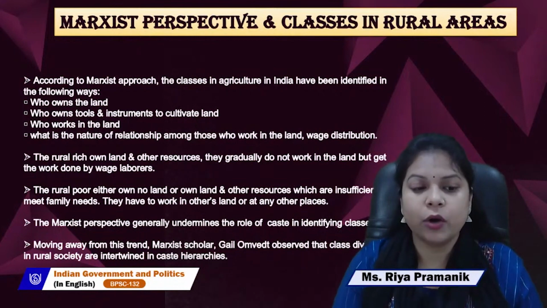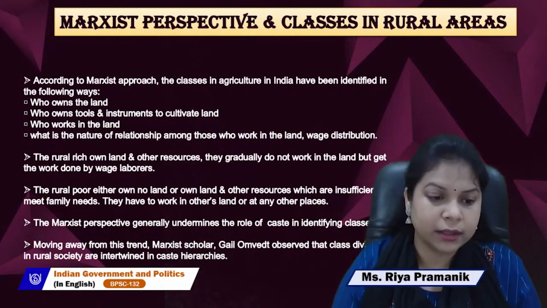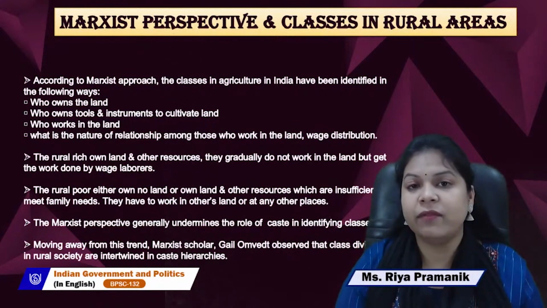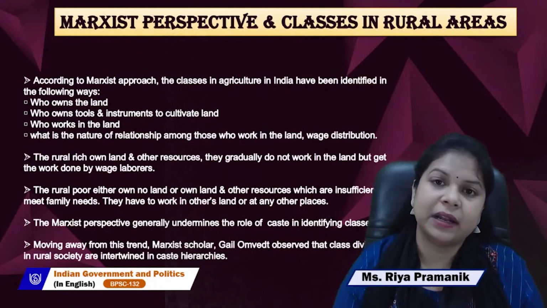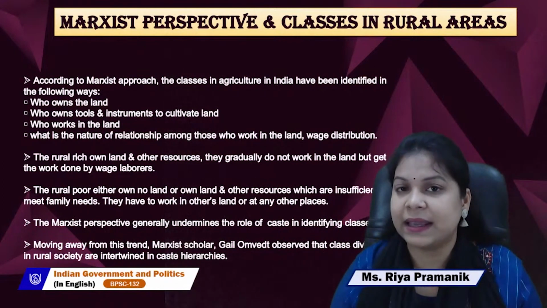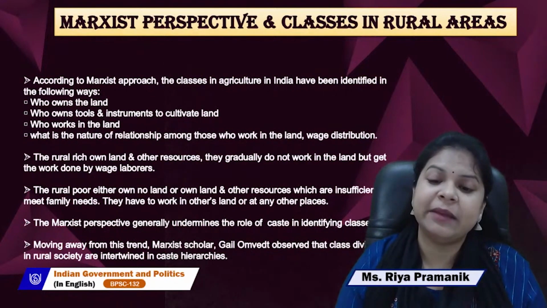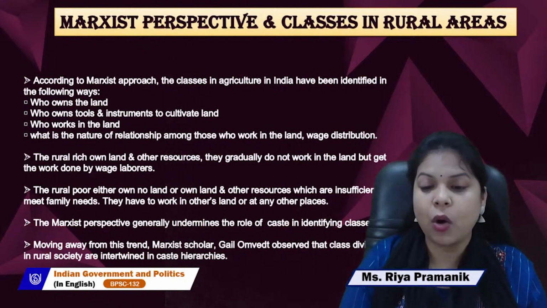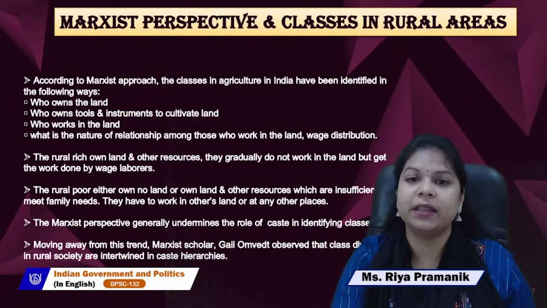They talk about the rural poor, whether they own land or not, whether they are working for others. The Marxist perspective doesn't consider caste in identifying classes, but there are many Marxist scholars like Gail Omvedt, who talk about the intersectionality between class and caste, and how class divisions in rural society are intertwined with caste hierarchies also.